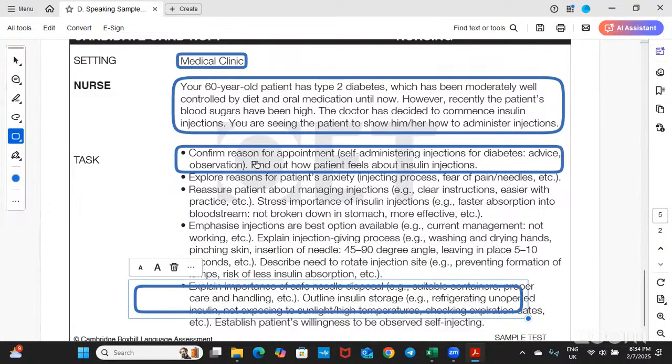So confirm the reason for appointment. So how do you confirm? You will confirm whether the person is right or not. How will you confirm whether the person is right or not? By asking his name, his date of birth, or whatever it is, and his case.